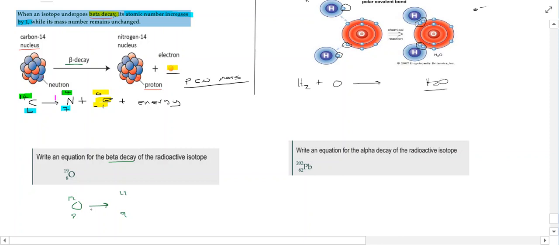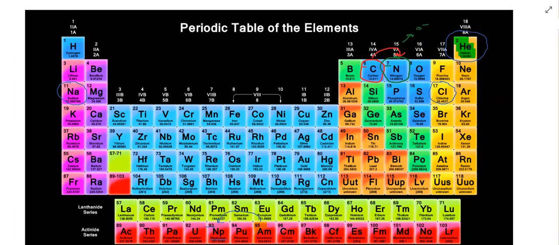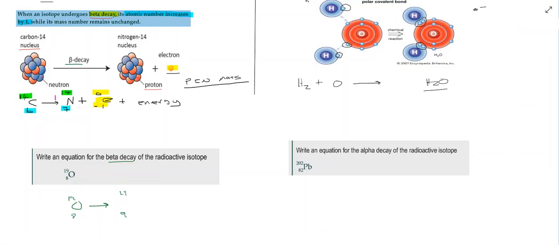So what's it actually changing into? Oxygen is changing into an atom that has 9 protons. So we go back to our periodic table and have a look. Here's oxygen, it has 8 protons. Here's an atom that has 9 protons, and it's fluorine. Its chemical symbol is F. So we put in that chemical symbol to represent that the oxygen has now changed into fluorine.